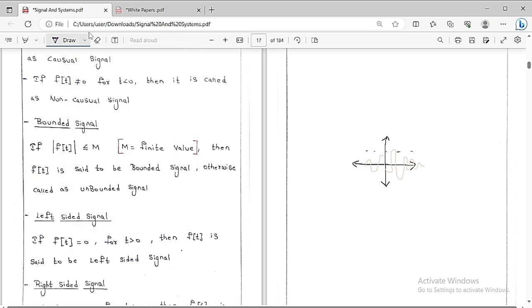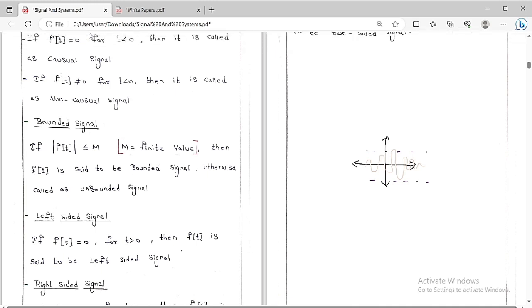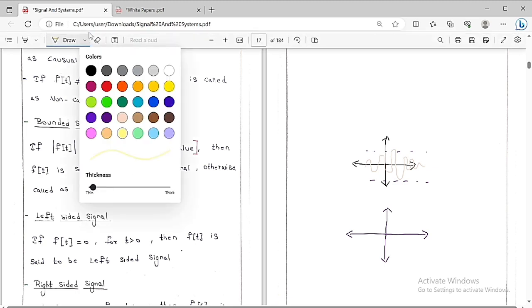Therefore we can say it is a bounded signal. Otherwise, if it is not lying within a bound, we can say it is an unbounded signal. So what is the best example? Let me draw a picture.